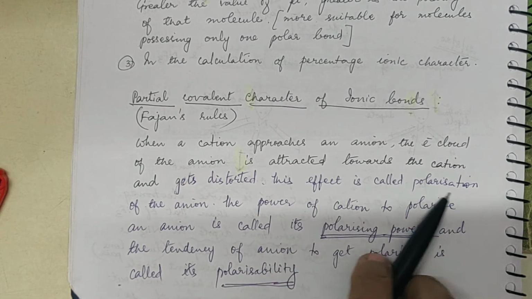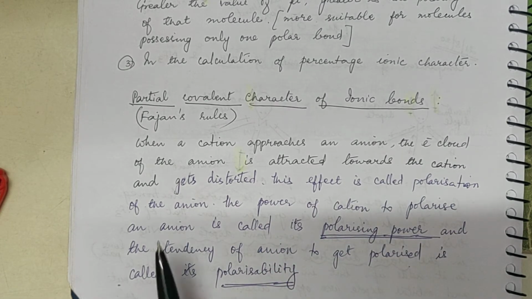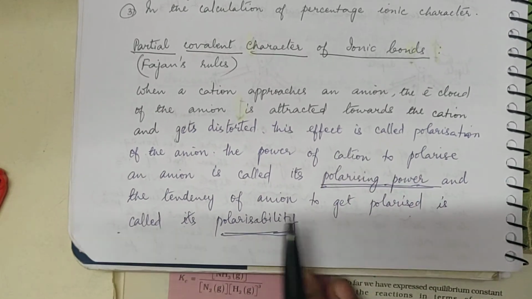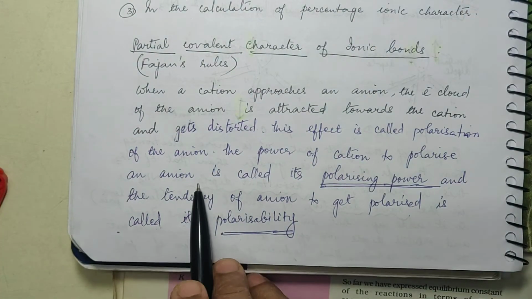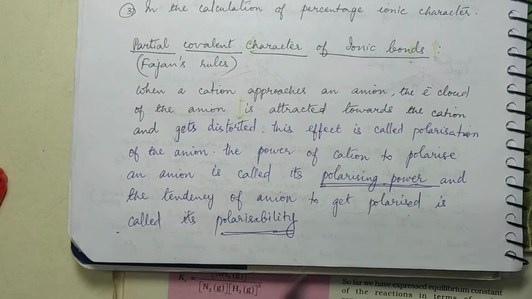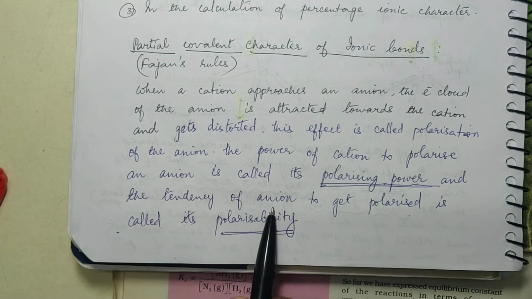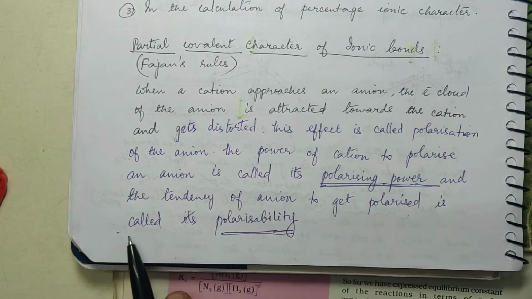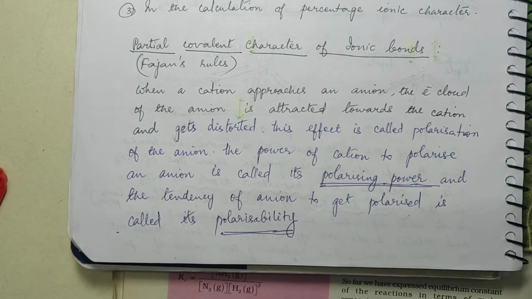This effect is called polarization of the anion. The power of a cation to polarize an anion is called its polarizing power. And the tendency of an anion to get polarized is called its polarizability.